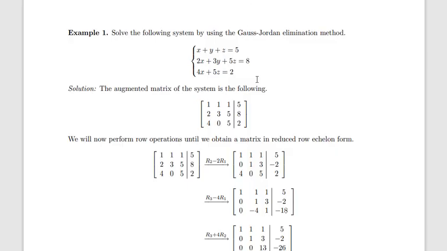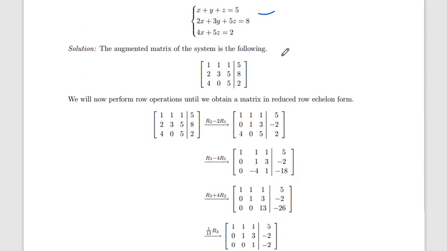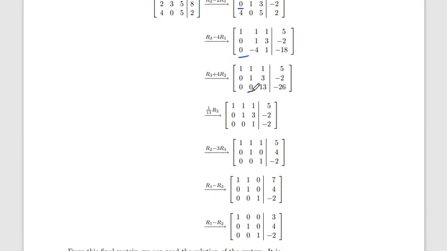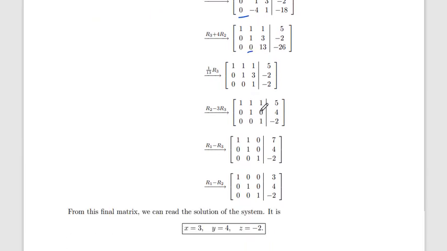So this is an example linear system we have to solve with Gauss-Jordan elimination. What we will do: first make this a 0, then the one below it 0, then the third a 0, then this a 0, then this, and then this.